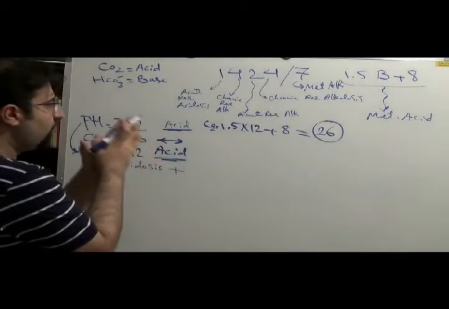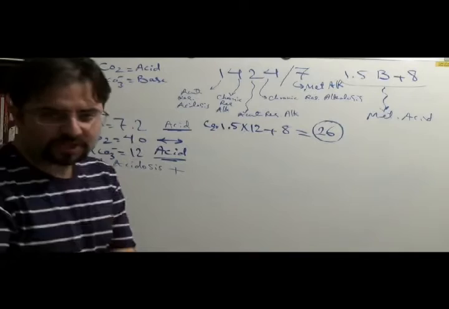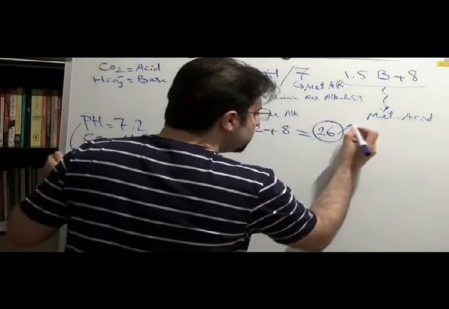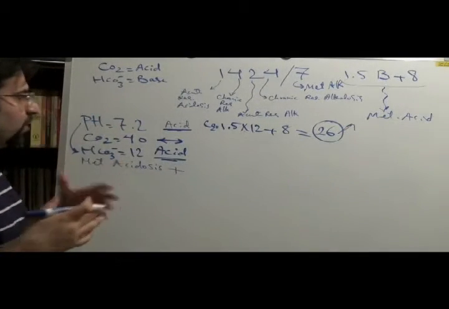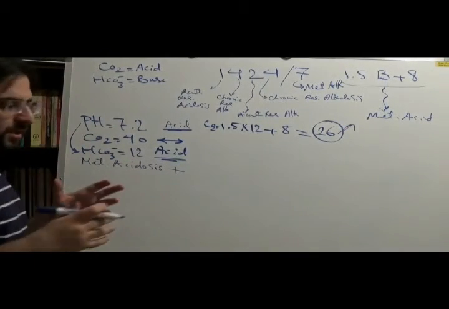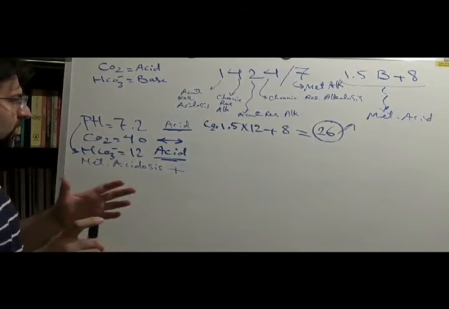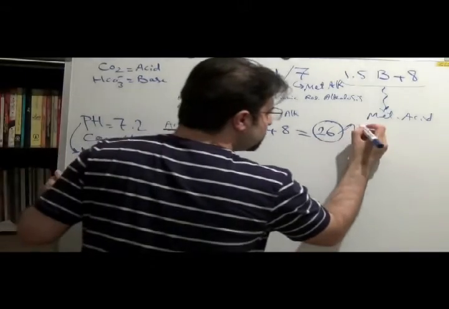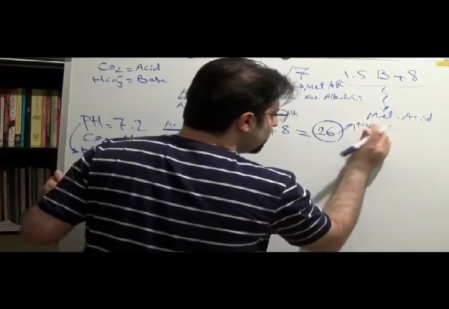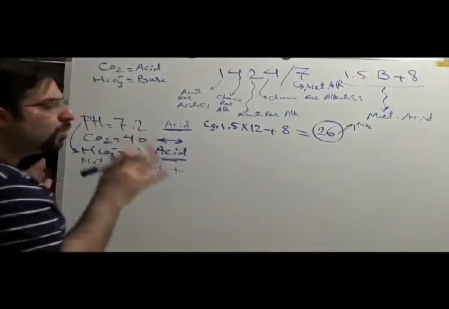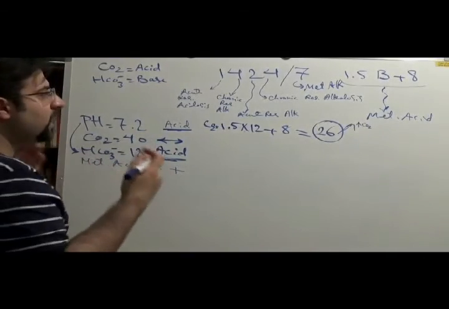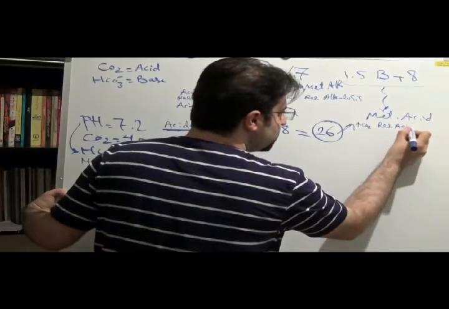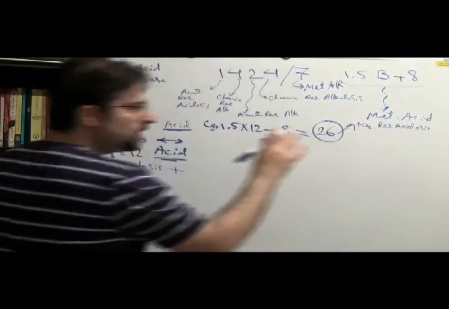If the number for CO2 that we have in our patient is more than 26, it means that the respiratory system is retaining more CO2, more CO2 than it should be. It means respiratory acidosis, because we said that CO2 is acid.